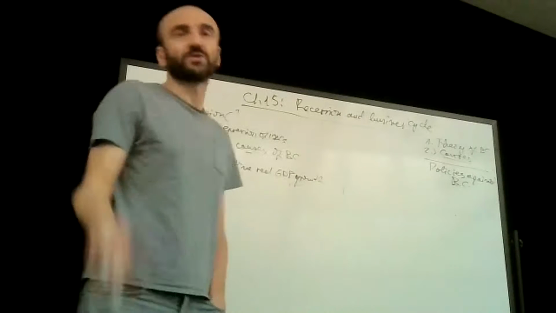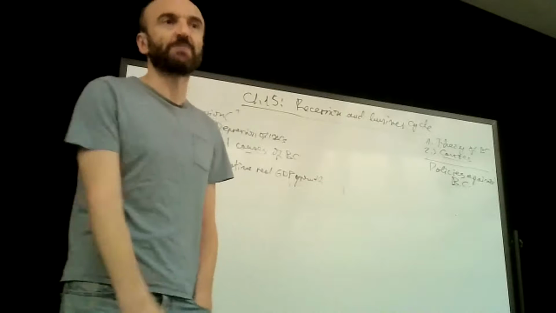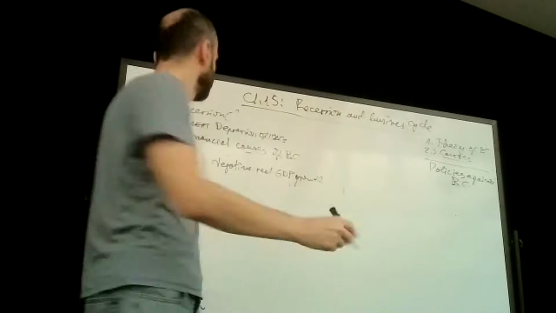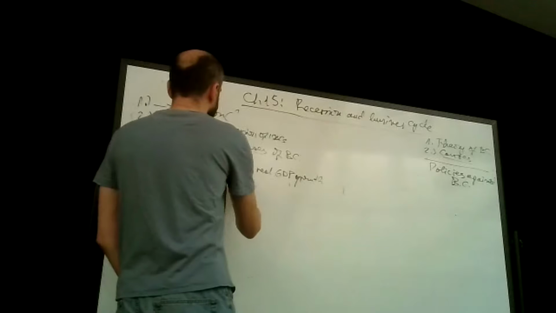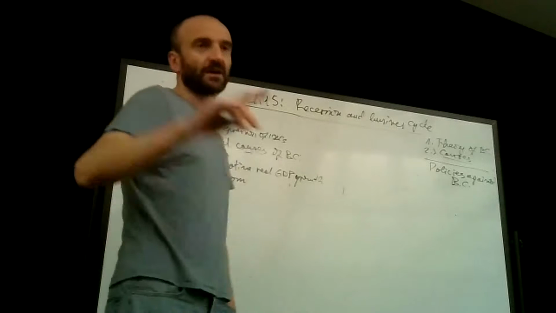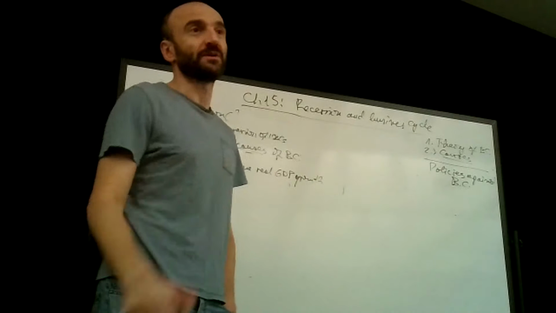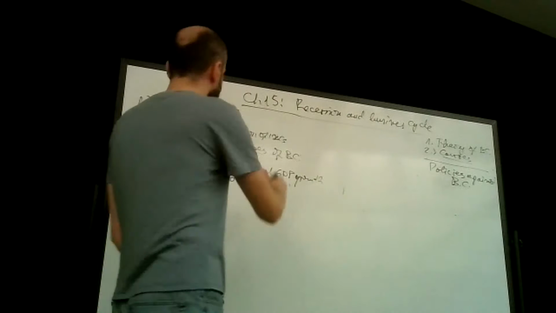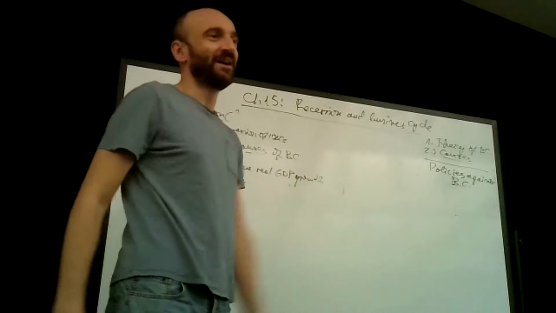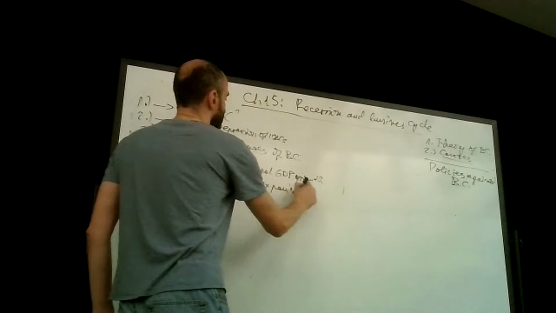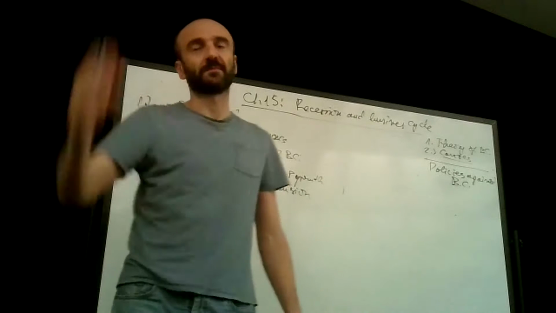And a period of positive economic growth is called expansion or boom. Hence this concept of the boom and bust cycle. Anyone heard of that? Cycle, boom and bust. So a recession is a bust, boom is expansion, which means real GDP growth.